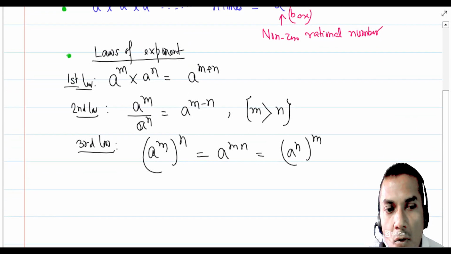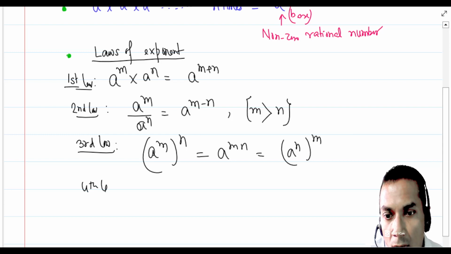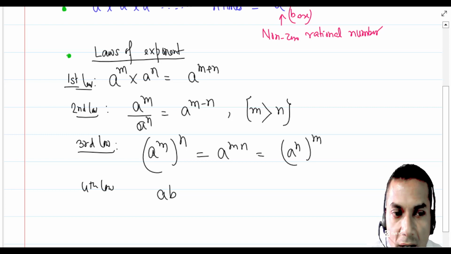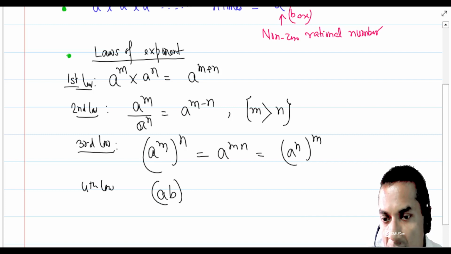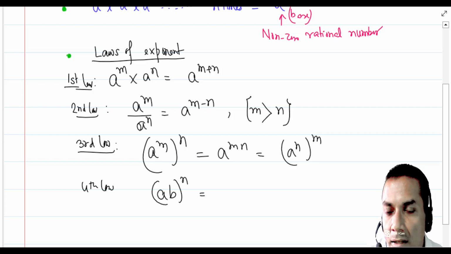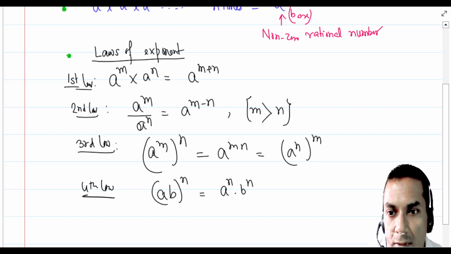What is the fourth law? If there are two rational numbers a and b having the same exponent or power, then you can separate it like this: a to the power n into b to the power n. Clear? It is the fourth law. What is the fifth law?